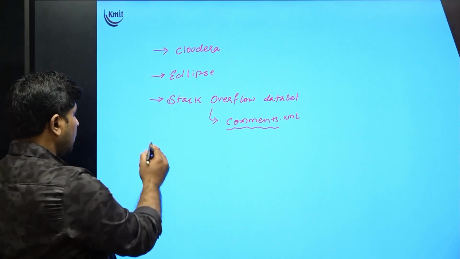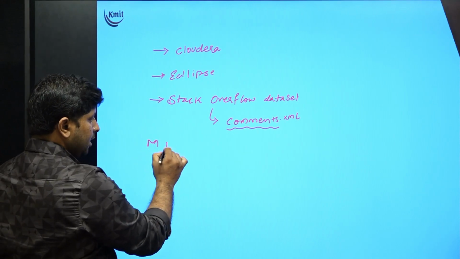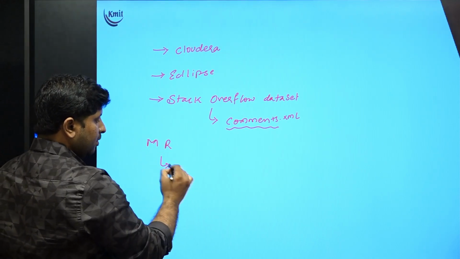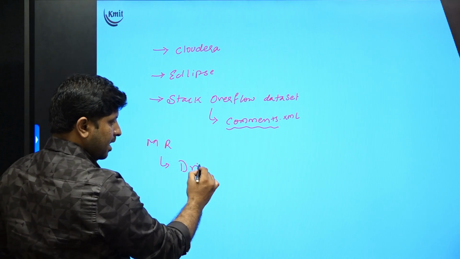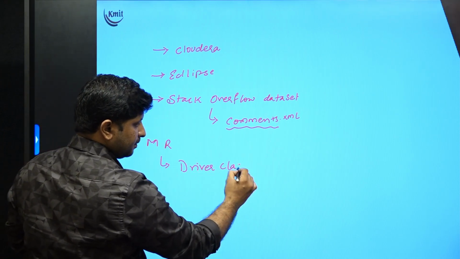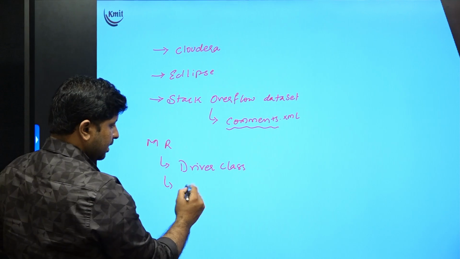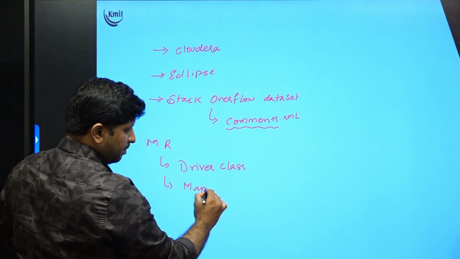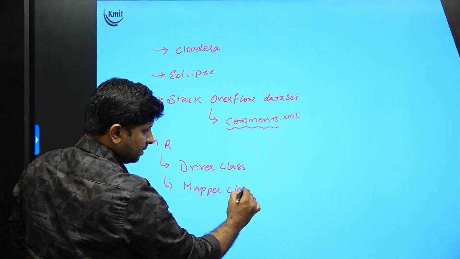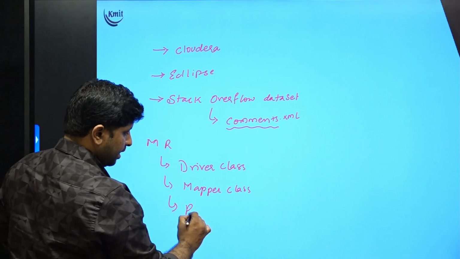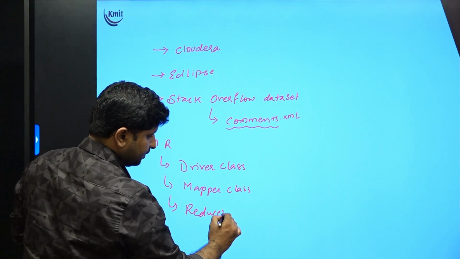What we are going to do in MapReduce is create three classes. One is the driver class, second is the mapper class, and lastly we will be creating a reducer class.